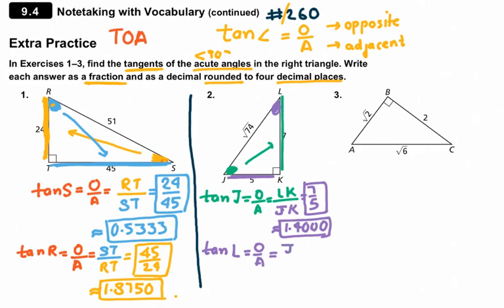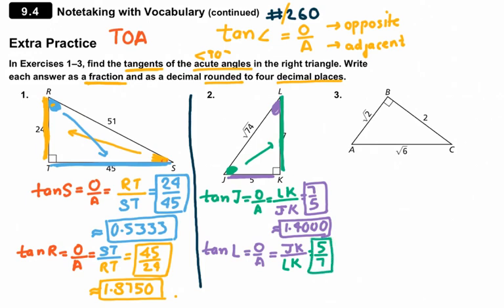Now this time it's JK over adjacent. For this angle, the adjacent is this one. For angle J, this is the adjacent now. So opposite is JK and LK is the adjacent, and that's our answer, 5 over 7.